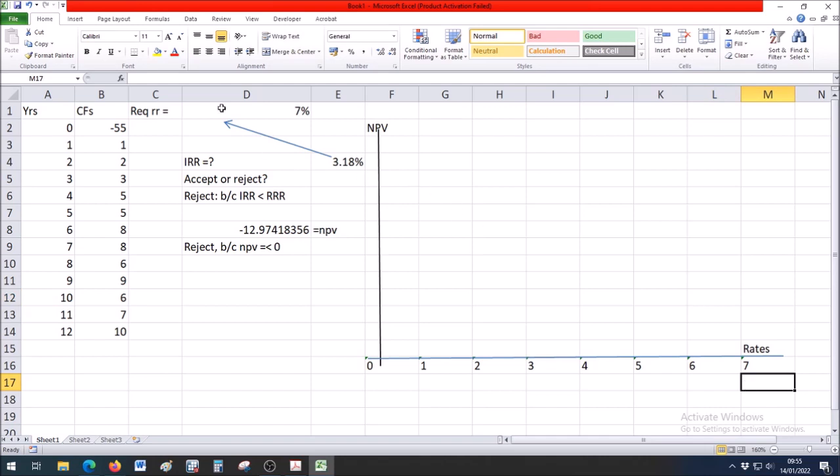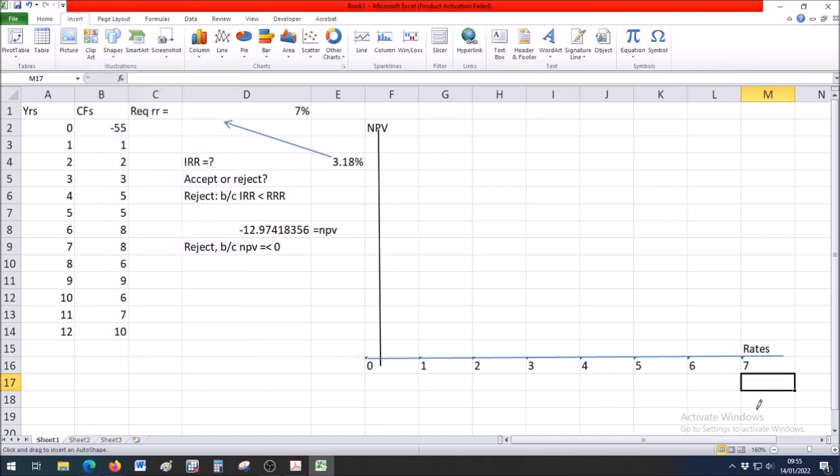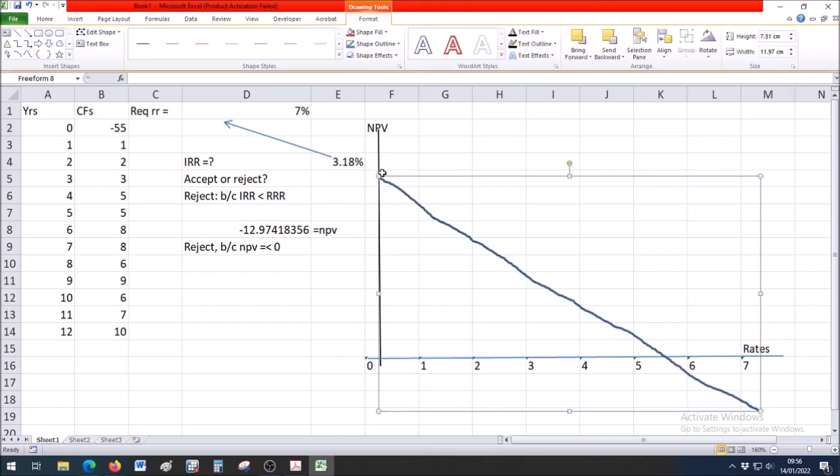So when the rate is 7, NPV is actually negative. But if I keep decreasing the rates, if I keep going to the left, NPV is going to grow, right? NPV is going to improve, coming to some highest number whenever the rate is 0.